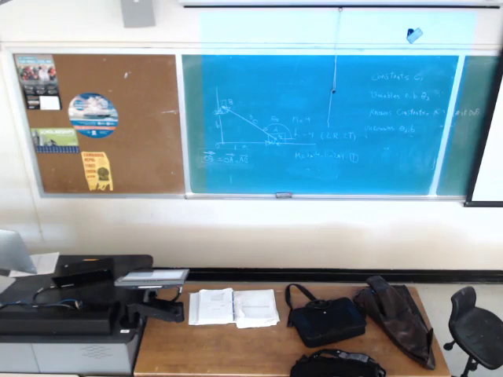B cosine of 90 equals A cosine of 0 plus C cosine of theta 2. B sine of 90 equals A sine of 0 plus C sine of theta 2.